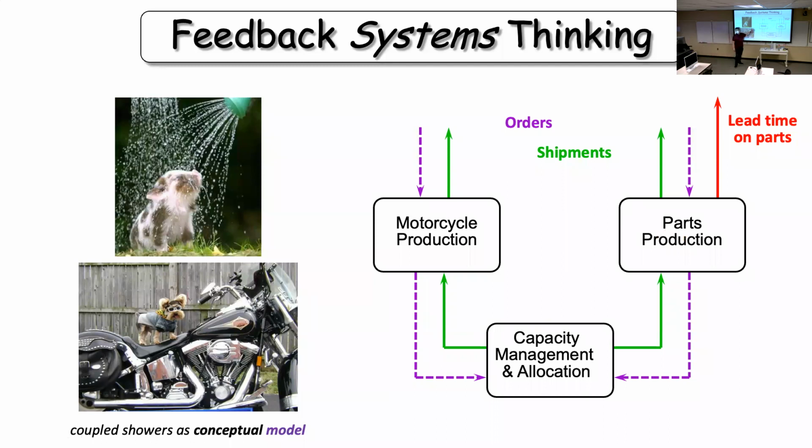When he mapped out what was going on here, he found that the two units of the company shared the same capacity management area. And what was happening is, just like those showers competing for hot water, there was so much limited capacity here that they could only effectively be a parts company or a motorcycle company at one time.